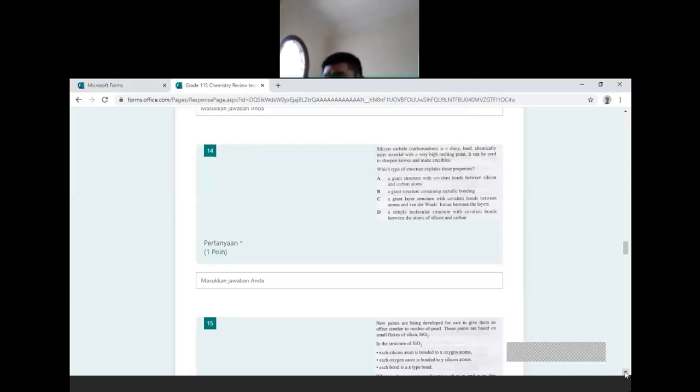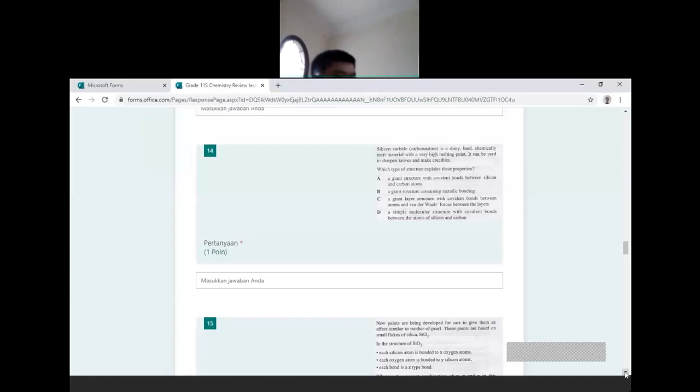A substance with a very high melting point could be an ionic compound, because it has a giant ionic lattice structure, or it has a giant molecular structure. If it is an ionic compound, with ionic bonding, it is impossible. Why? Because an ionic compound is not an inert material.